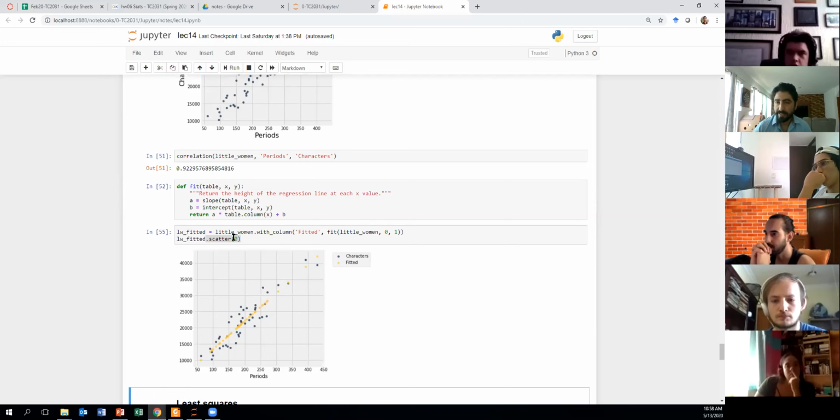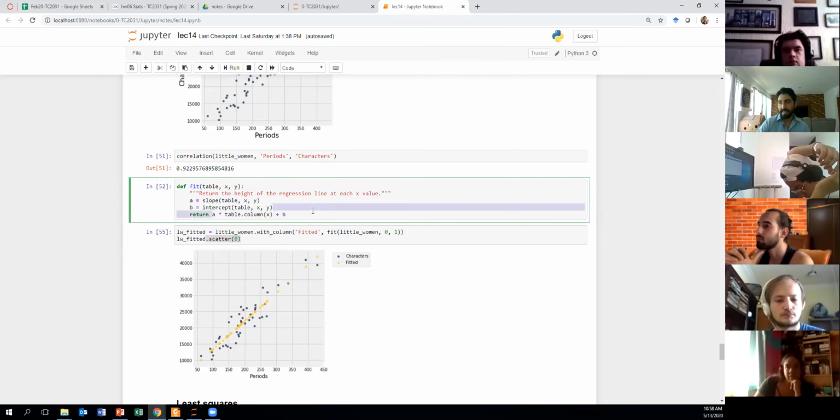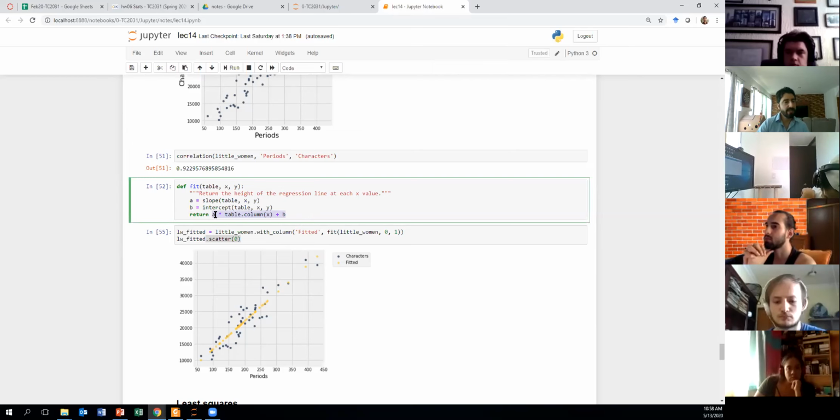Okay, so again, I said it is that linear equation. Basically, if I simplify, I'm considering this linear equation, a multiplied by x plus b, and I want to see if this linear equation fits my data. And I see it fits perfectly. This is the best fit for my data.